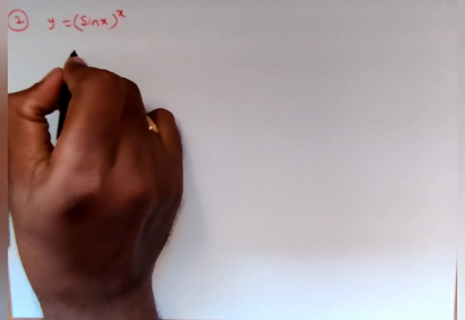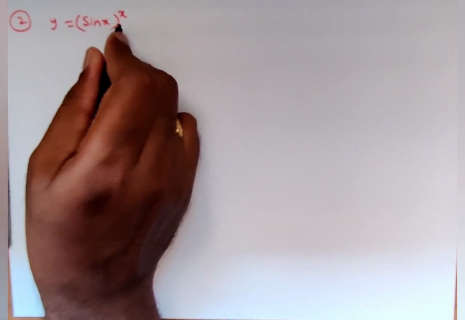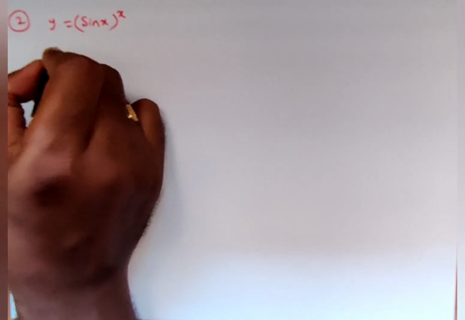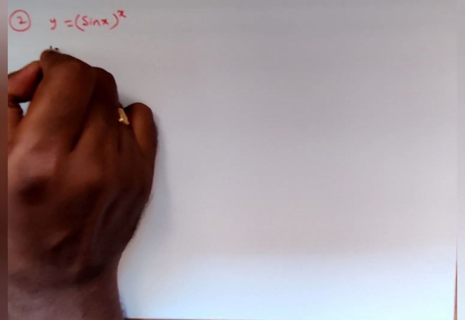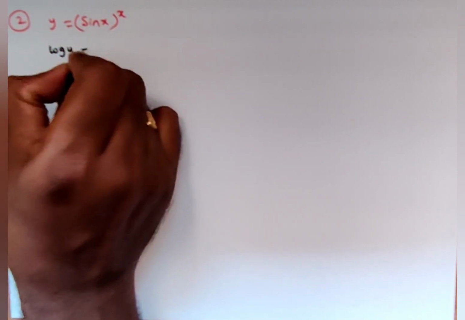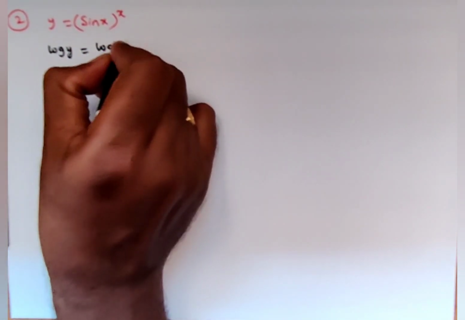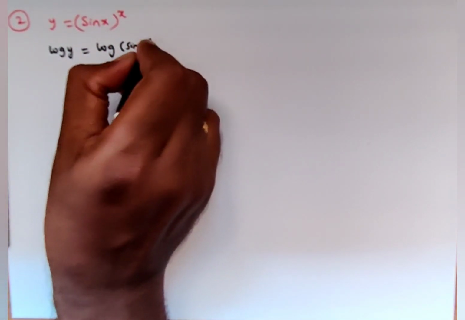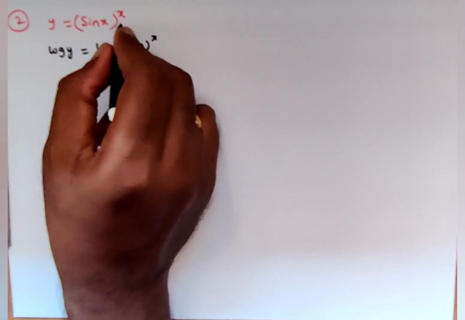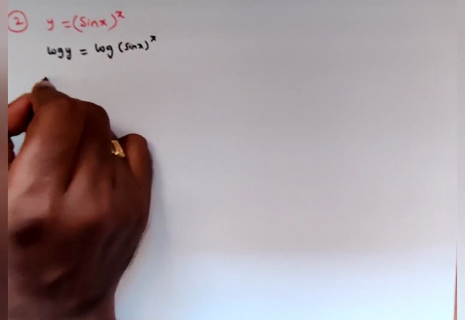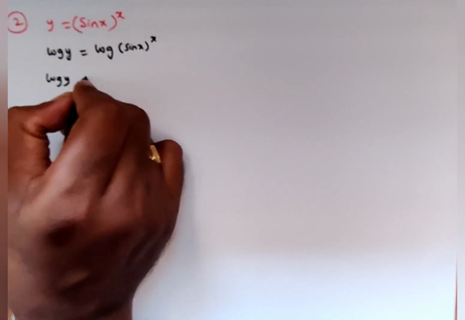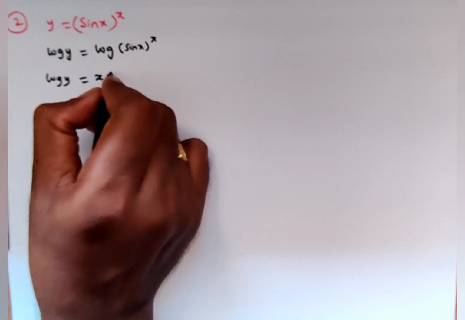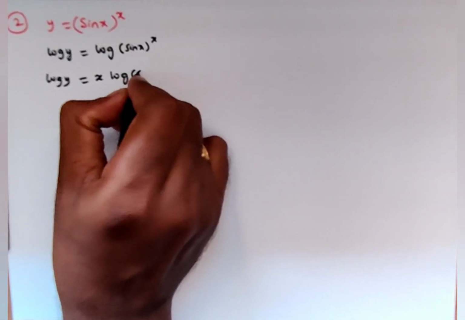So next, y equal to sin x to the power of x. Taking logarithm on both sides, log y is equal to logarithm of sin x to the power of x. Here it is in the form of f to the power of g. Now we can write it as x into logarithm of sin x.